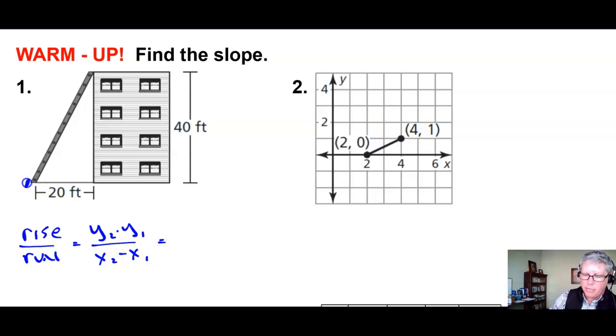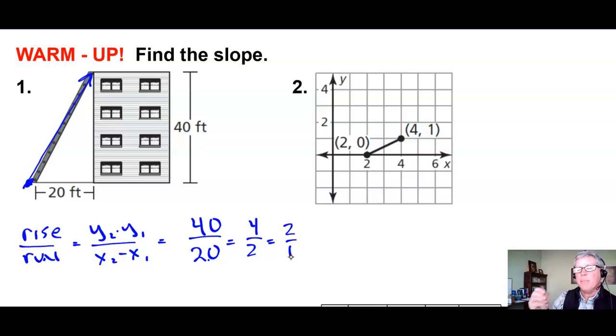So the slope of this ladder from here to here is going to be a rise of 40 over a run of 20. And that reduces down to 10 goes into 4 over 2 or 2 over 1. Hey, what that means is it goes up 2 feet for every 1 foot it goes over.